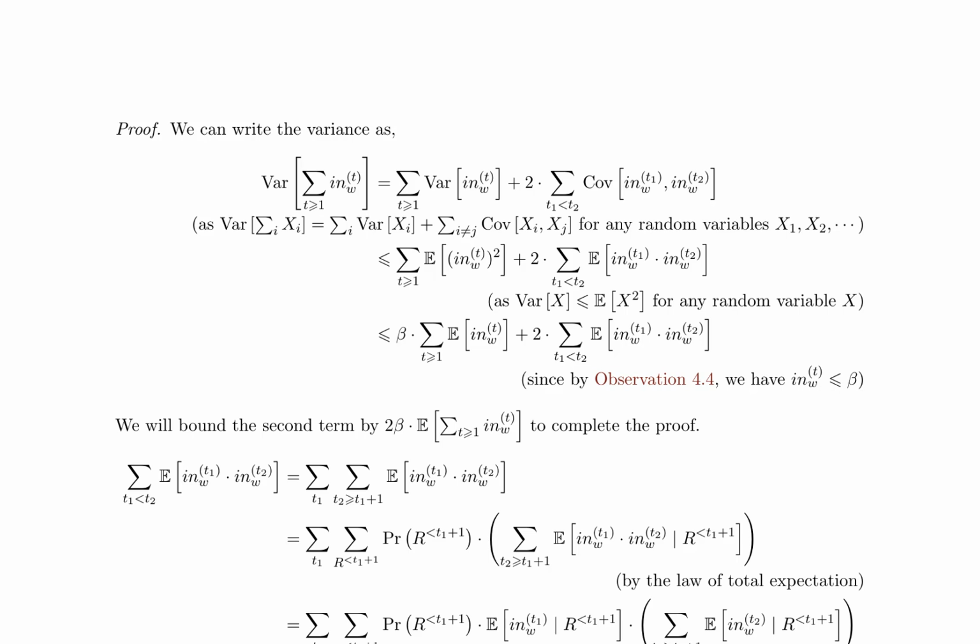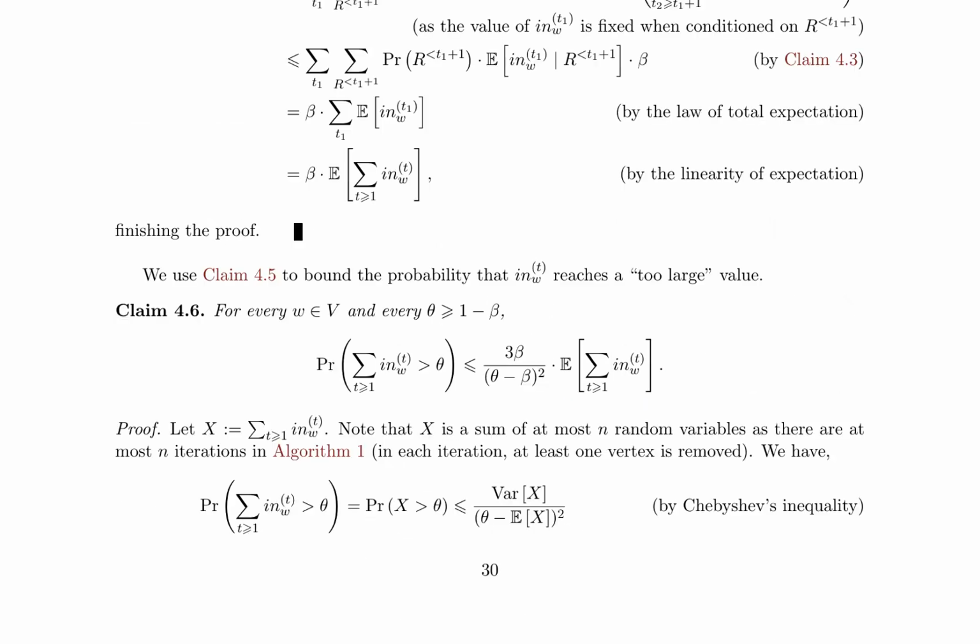The authors also establish an upper bound on the value of in_t,w in any iteration t, showing that in_t,w is less than or equal to beta. This result is used to bound the variance of the total value assigned to w, which is shown to be at most 3 beta times the expectation of the sum over t of the indicator of x_t greater than or equal to 1 times in_t,w.